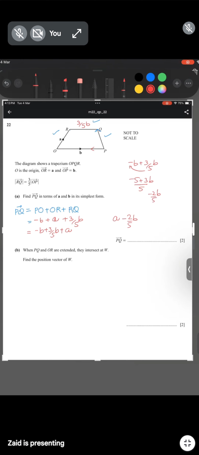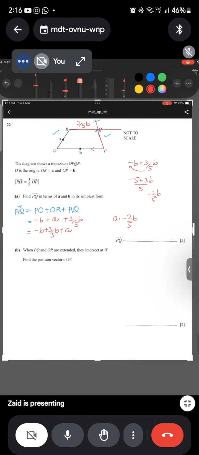Next part. When PQ and QR are extended, they meet at a point W. Okay, let me visualize how they're meeting.